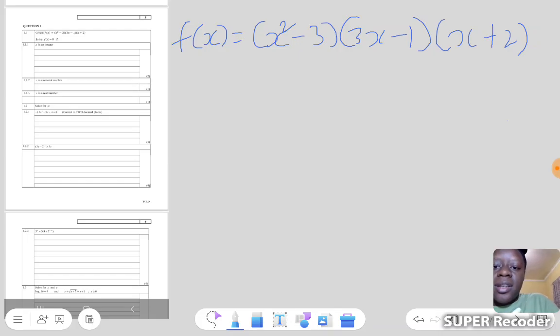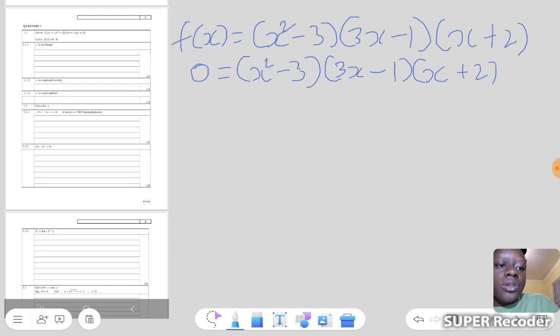Our f of x, we're given that it's 0, then x squared minus 3, 3x minus 1, x plus 2. Then we have to write it as follows: x squared minus 3 is equals to 0, equating everything to 0. 3x minus 1 equals to 0. X plus 2 equals to 0.